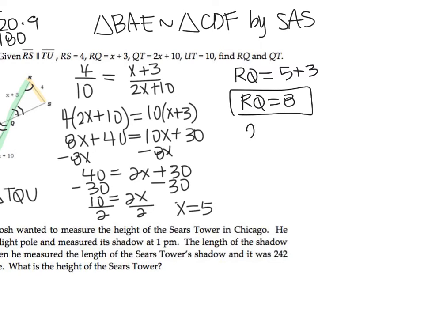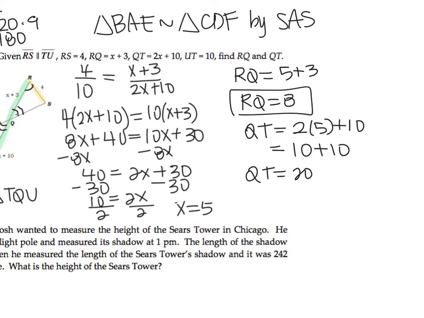And then to find the length of QT, which is 2x plus 10, we get 2 times 5 plus 10, which becomes 10 plus 10, so that QT has a length of 20. And we can always check to see that we found x correctly by plugging RQ and QT into our proportion and checking to see that the cross products are equal.